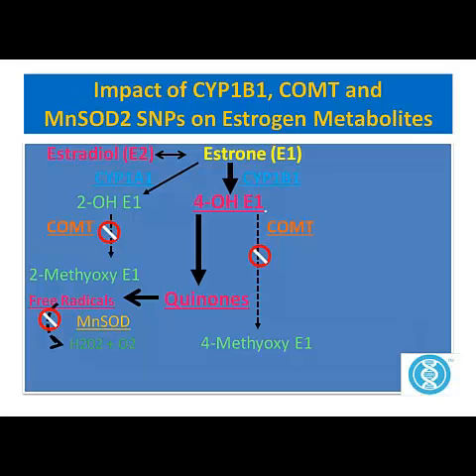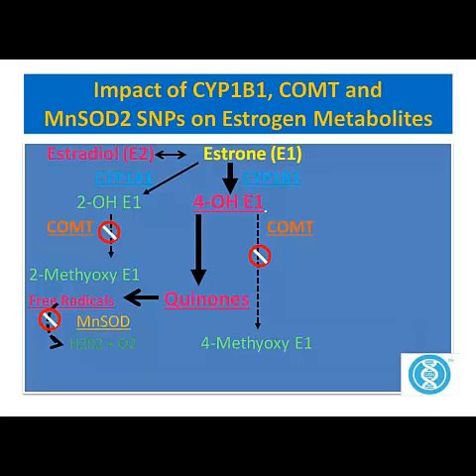It also minimizes the production of 2-hydroxyestrone, which if we had a choice, more 2-hydroxyestrone or 4-hydroxyestrone, we would want the former. Maybe there's a way to boost 2-hydroxyestrone when there's a SNP on CYP1B1. Let's hold on to that thought. Remember, it's the combination of CYP1B1, COMT, and MNSOD that leads to a 12-fold increase in breast cancer risk.